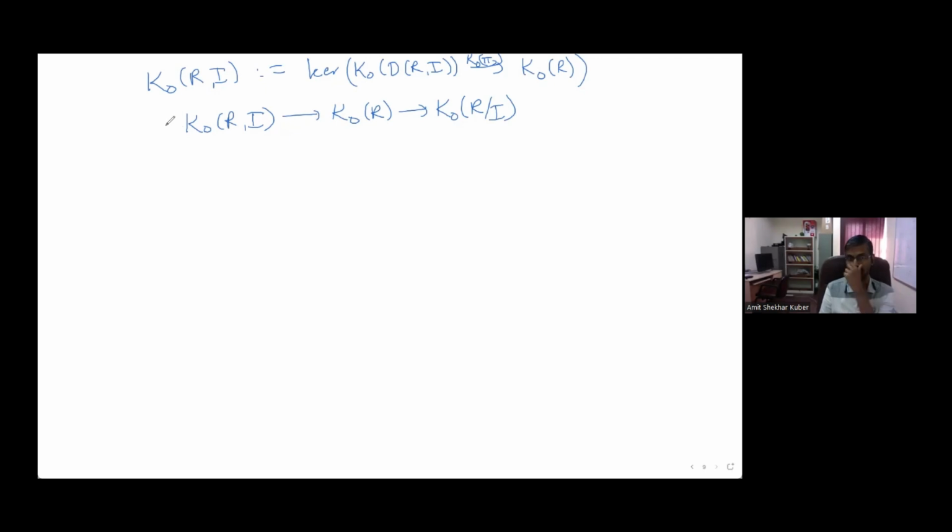But three-term sequence by taking this as the definition. And the corresponding excision property.